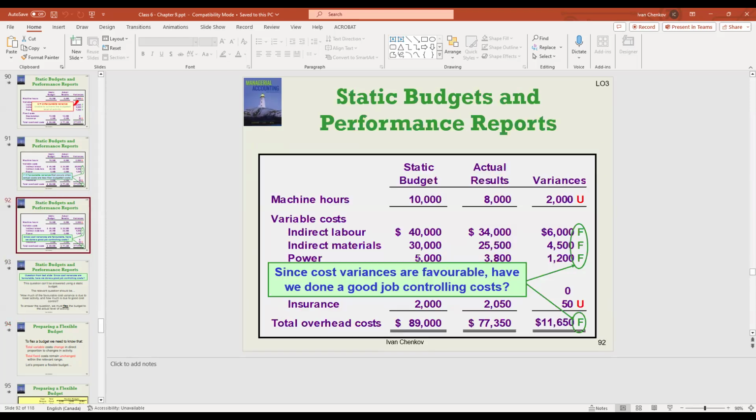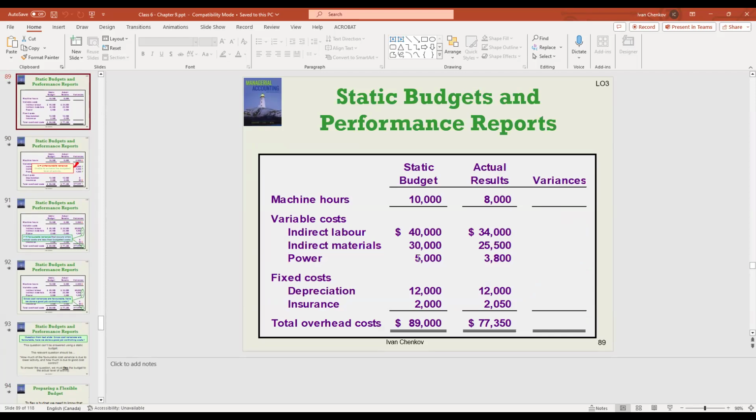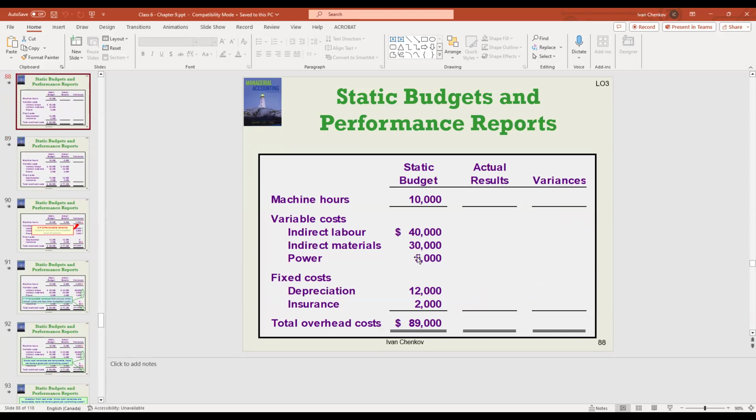Knowing those rules, we can easily go back to our static budget, which we prepared for 10,000 machine hours, and ask ourselves: if the variable cost is in direct proportion to the machine hours, and the total variable cost is $40,000 at 10,000 machine hours, how much is the indirect labor cost for one hour?